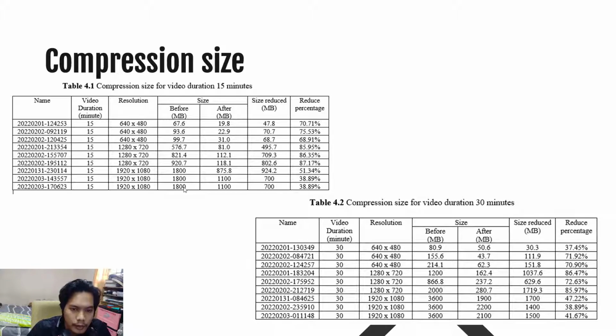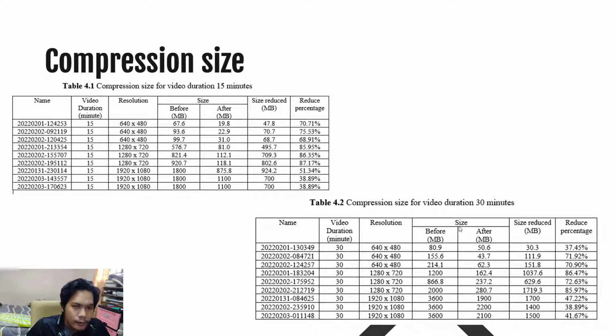And also here we see the 1080p. The compression is not really that high, but it still comes with a great result: before this it is 1.8 gigabytes, and now after the compression it becomes 1.1 gigabytes.